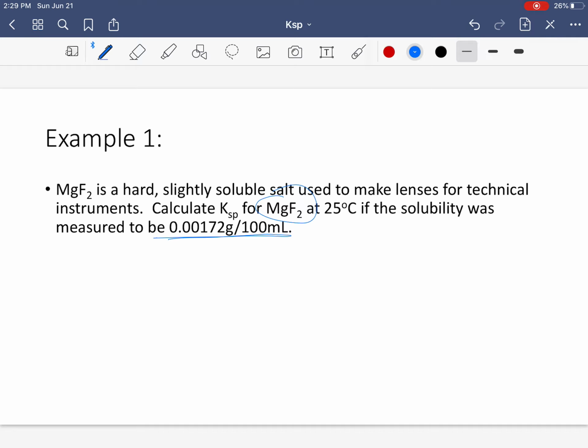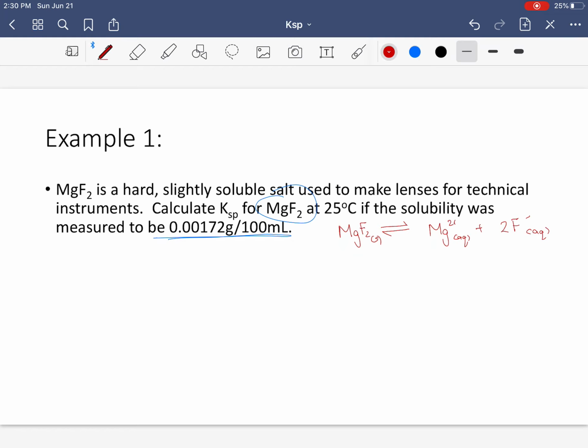So if I were to ask you, hey, do this. But first, of course, what is the Ksp expression? Well, we know for a fact that MgF2 dissociates to give you Mg2+ and 2F-. Let me just put in those states.